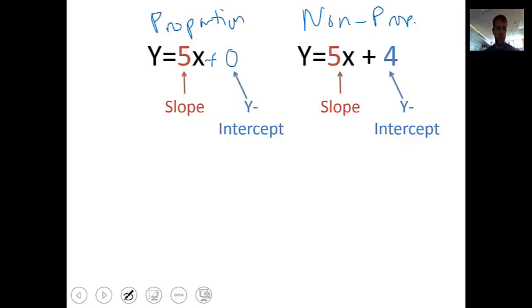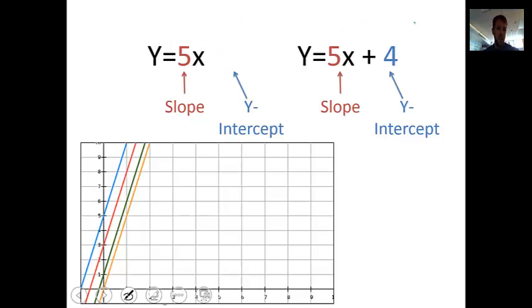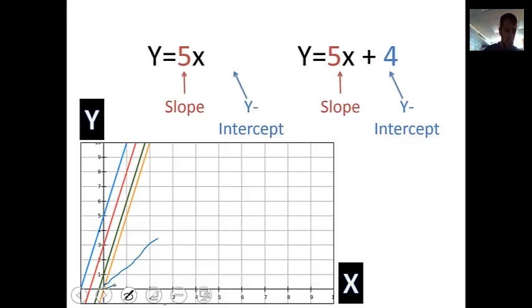Okay, so let's look at the graphs. If I take a look at this graph, I notice the y and x axis. I want you to look at the orange line. Where does it cross the y-axis? Well, it crosses the y-axis at 0. Where does the blue line cross the y-axis? It crosses the y-axis at 5. Where does the red line cross?